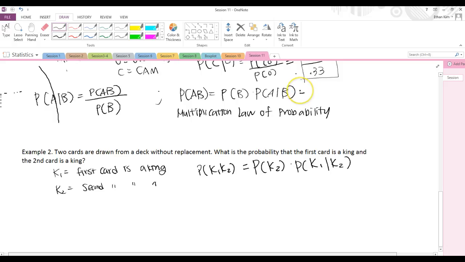If this is the case, we can also say that this is probability of A times probability of B given A. So here you have to be a little careful, because sometimes you might want to use probability of A first and then probability of B given A. And in this case, it's easier to do it this way: probability of K1, and then probability of K2 given K1.